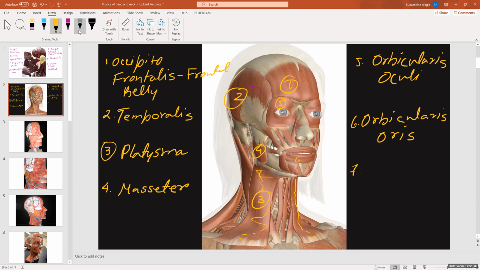Number seven, we can see right here, through here, sternocleidomastoid, originating from the sternum and clavicle and inserting into the mastoid process.